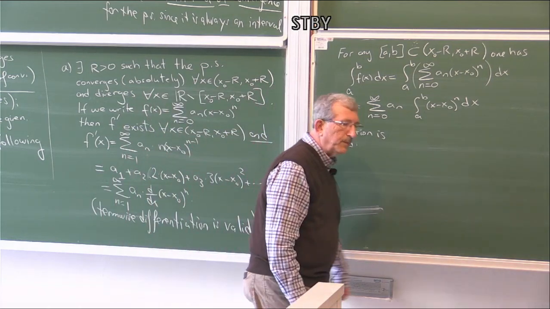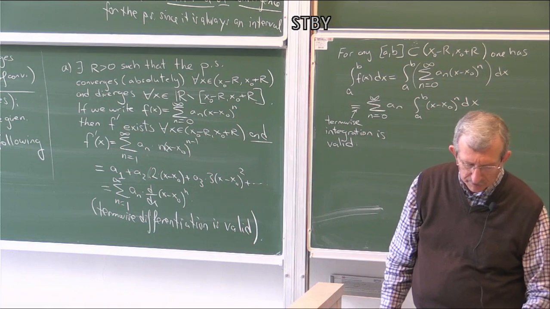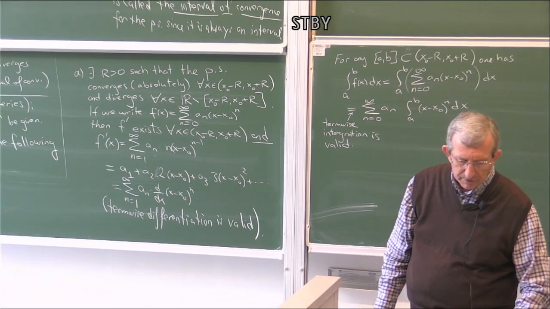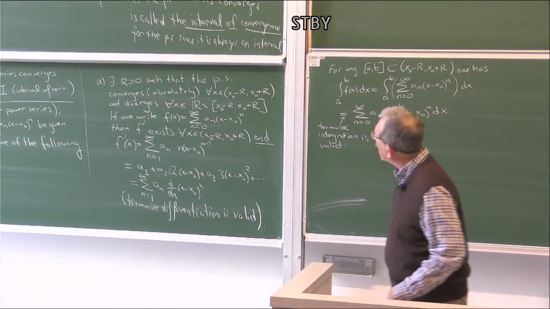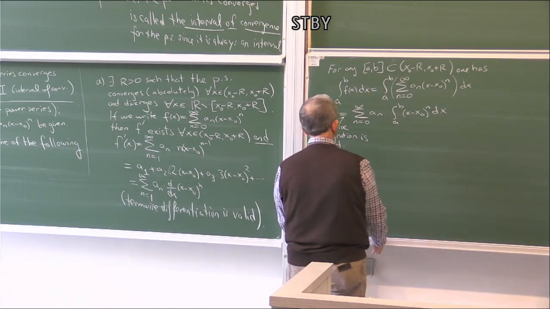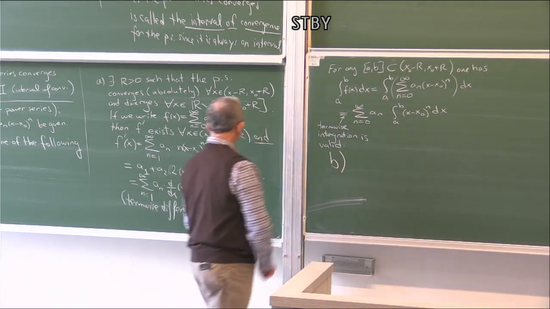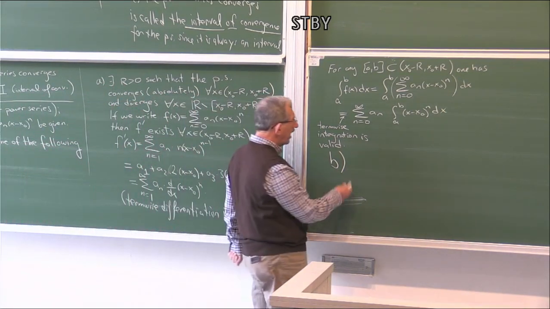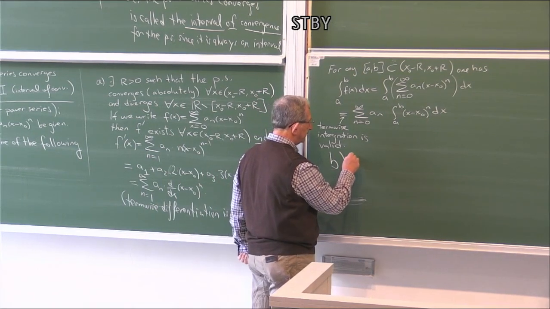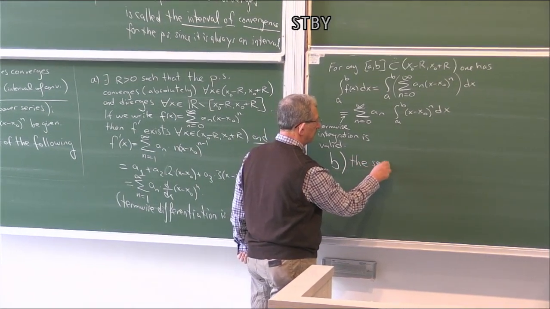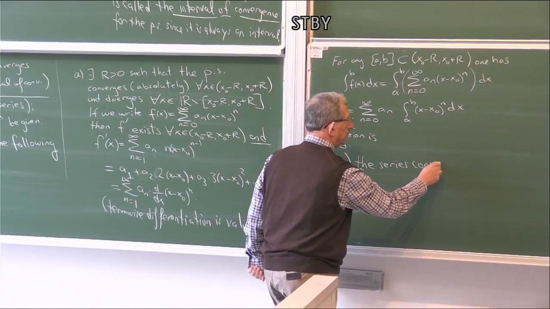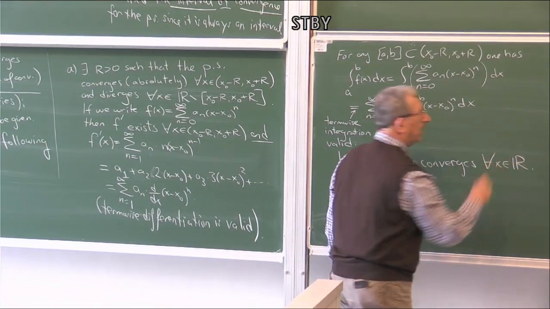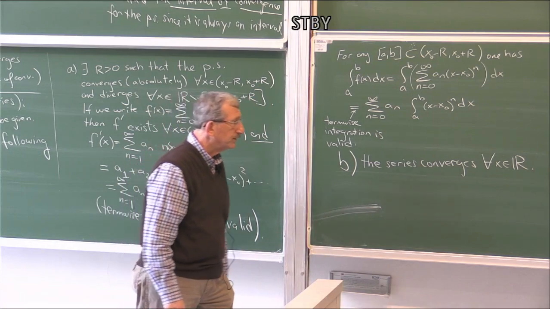Well, these two properties of termwise integration and termwise differentiation will lead to very nice consequences. Now, this is for case A. For case B, there may not be such an r, but it may happen that the series converges for every x in R. For every real number, we have a convergent series.